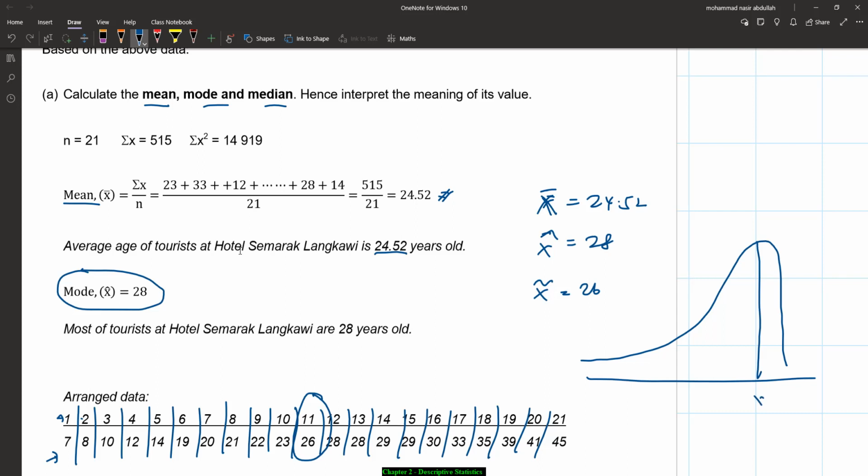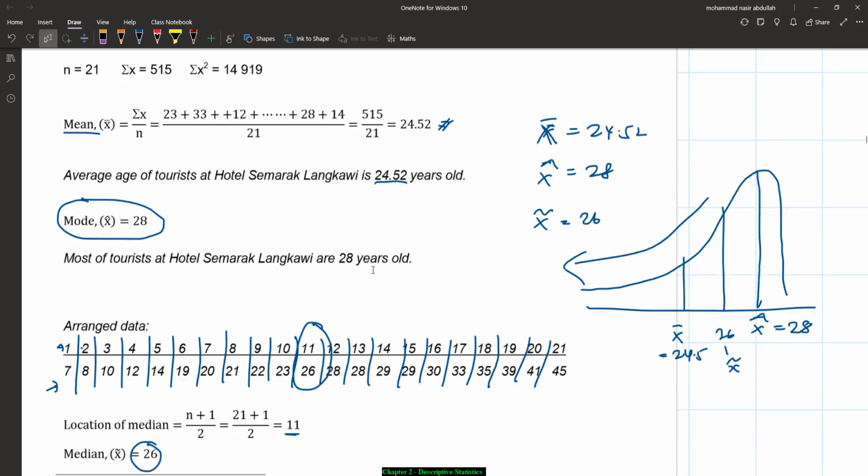So this is mode, equal to 28. Median is 26. This is median. And the smallest value is mean, which is equal to 24.5. So we can say that the distribution is skewed to the left distribution or negatively skewed.